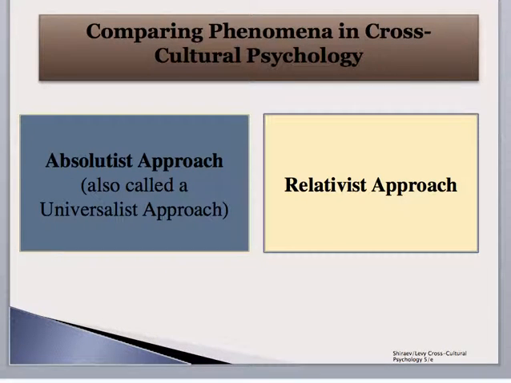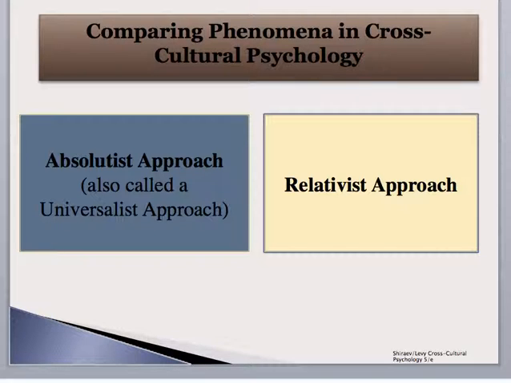Okay. So when we're comparing phenomena in cross-cultural psychology, there's really 2 different fundamental ways that you can be thinking about this. There's an absolutist approach, which is also called a universalist approach, and there's a relativist approach. Psychologists supporting the absolutist approach will argue that the psychological phenomena are basically the same in all cultures.